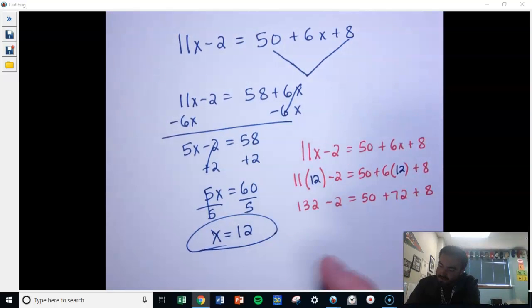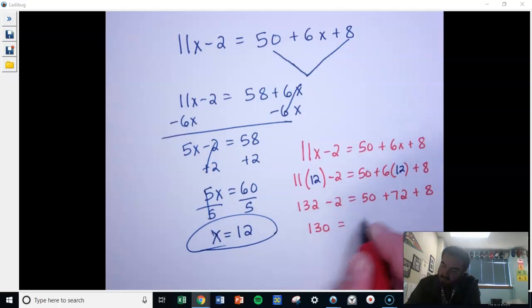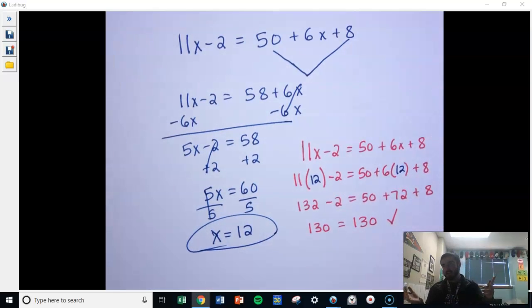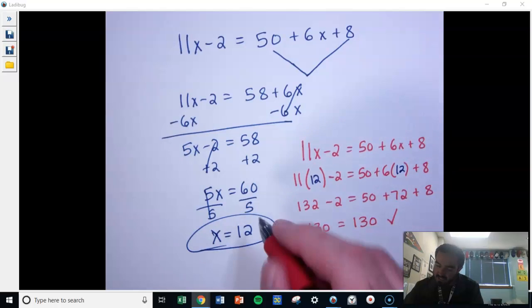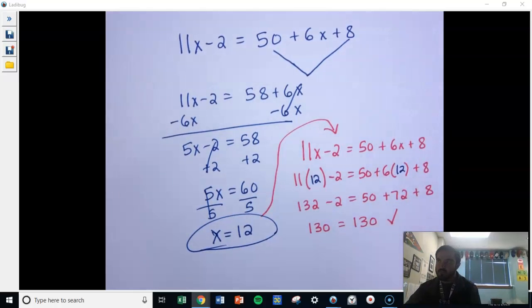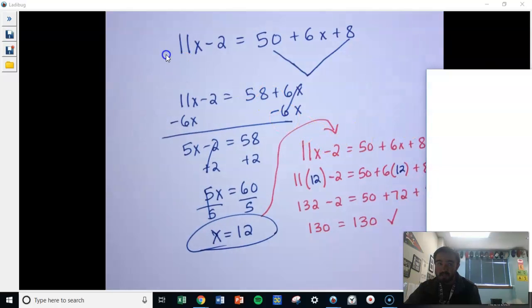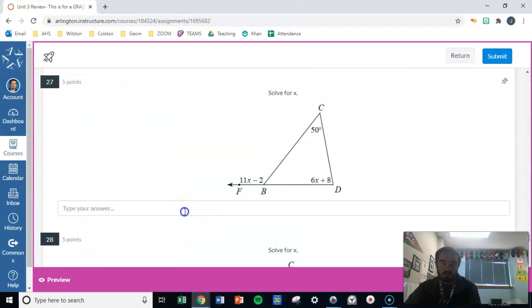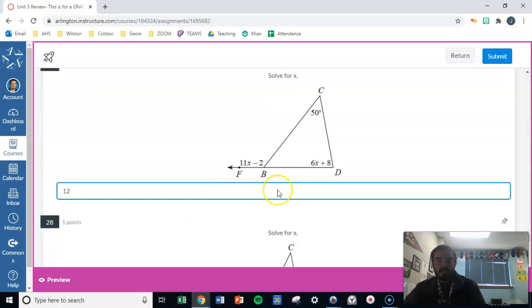And then we're just going to see if they equal each other. So this side would equal 130. 50 plus 72 plus 8 would also equal 130. So I did it right. Okay, you can always check your work by plugging x back into the equation. Just a helpful hint. You can always be confident of your answer. So here, x would be 12.